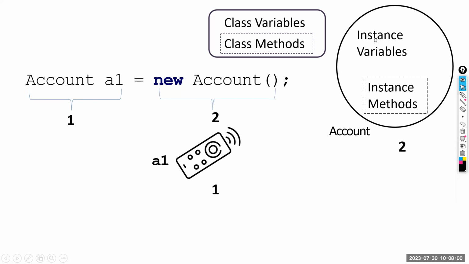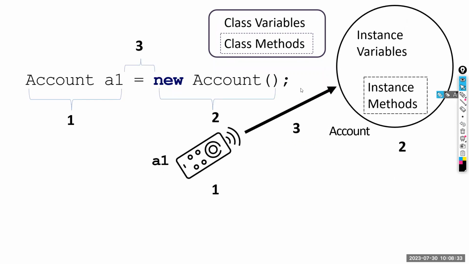Technically, yes, you can refer to variables, but practically, we make sure that this remote control cannot access the variables. That is what is meant by data hiding. So the best practice is the remote control can call the behaviors, and the behaviors can access the instance variables. Okay, so that is a well-behaved object class.